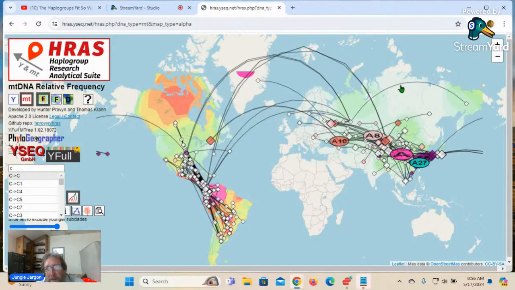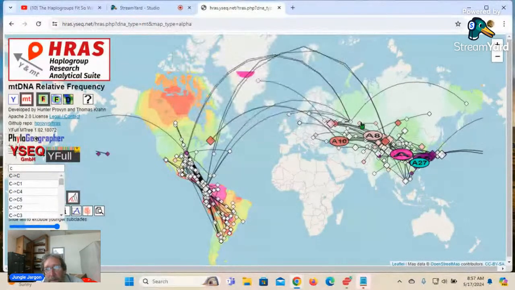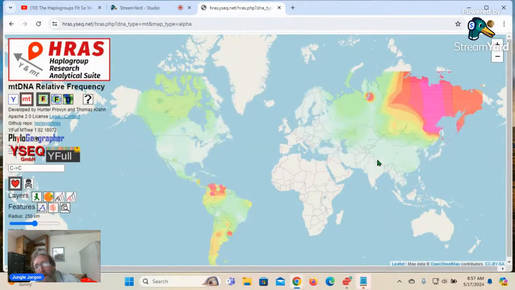And of course, the C and the D come from this area of Eurasia, and of course, that would be Asia back in the ancient times, exactly where the Medes were. That would be Asian.